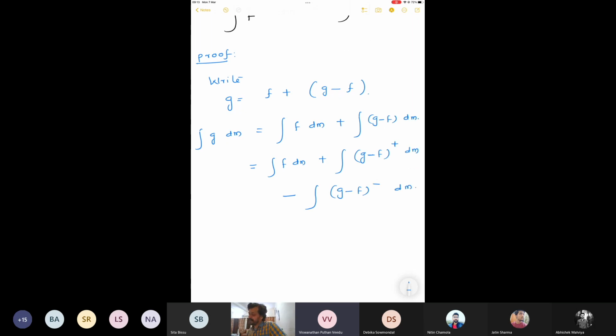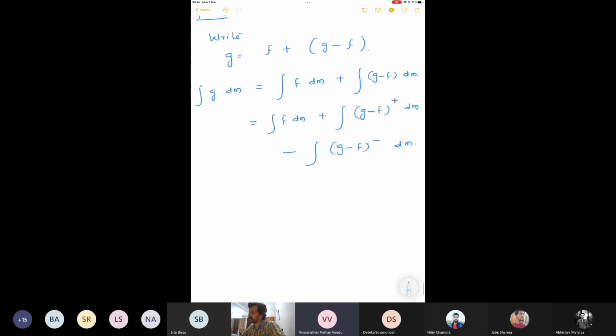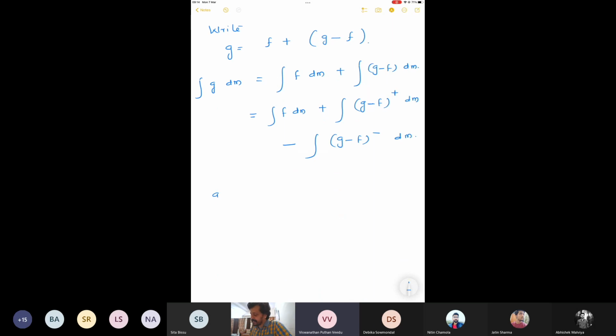Now what you know is f is less than or equal to g almost everywhere. So what can you say about (g minus f) minus? What is the definition of (g minus f) minus? It is the maximum of 0 and minus (g minus f) of x.